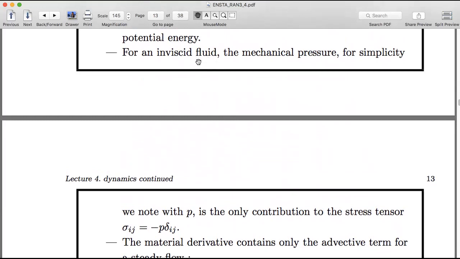The comment I made about the stress tensor earlier applies here: when it's an inviscid fluid, when the viscosity is 0, then the stress tensor is just the mechanical pressure times -1 times the Kronecker delta. In other words, it's just minus P times the identity matrix if you write it in matrix notation.